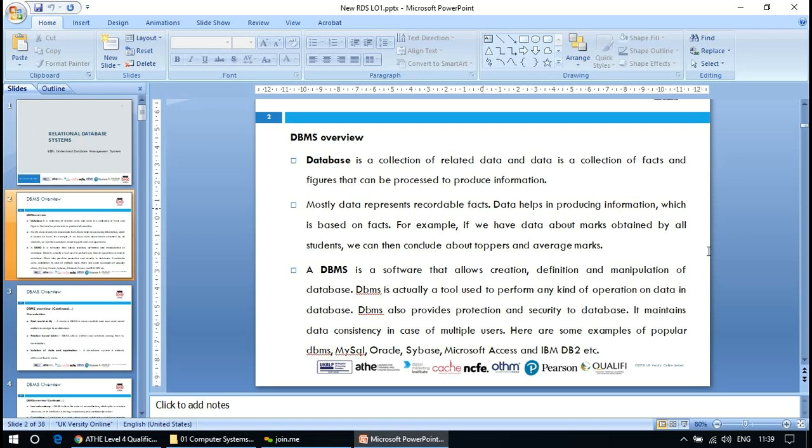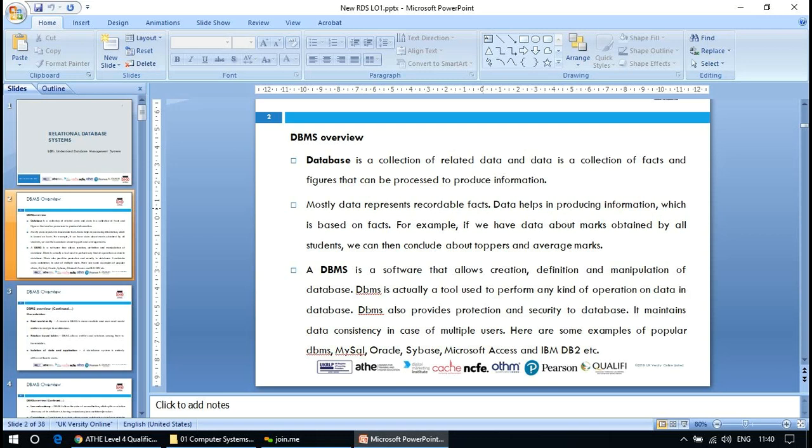Now, database management system. You might be confused about the difference between the database and the database management system, isn't it? Basically, the words management system point towards a computer software for the database.